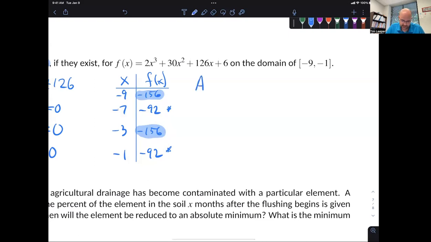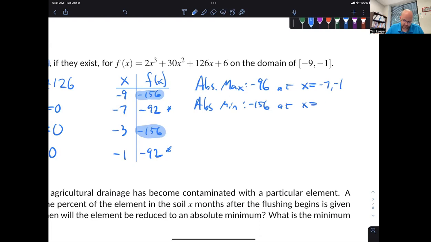So the absolute maximum occurs, it's -92, and it's at x equals -7 and -1. The absolute minimum are the values of -156, and those happen to occur at -9 and -3 both.